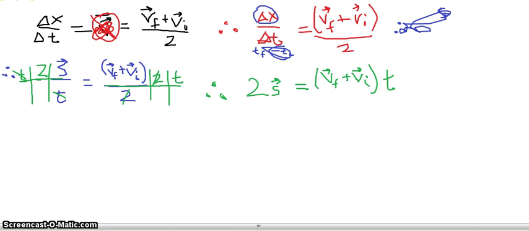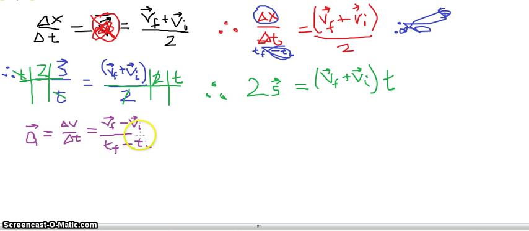Now, what you would want to do next, let's go use purple. Okay, if you recall, you have acceleration equals change in velocity over change in time. That's really just going to be velocity final minus velocity initial over time final minus time initial.